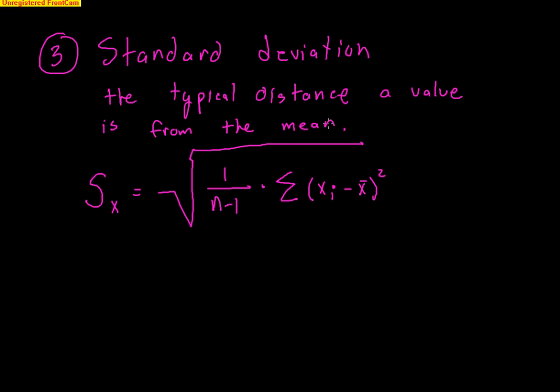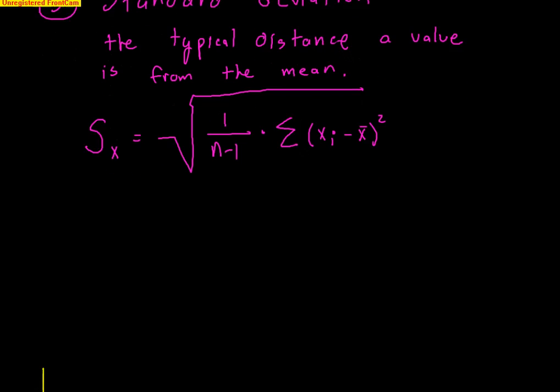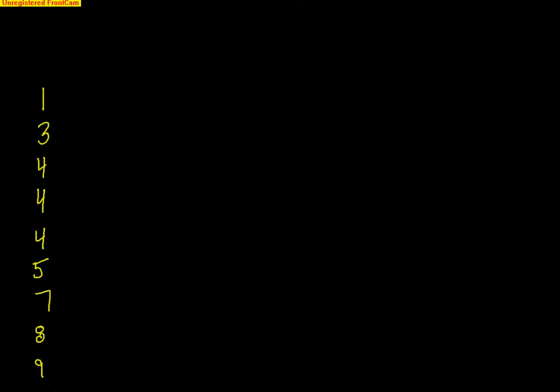You might want to jot that formula down. We'll talk about it more in class, but it's all inside the square root, and it's kind of an ugly formula: 1 divided by your sample size minus 1, times the sum of each value minus the mean, squared.